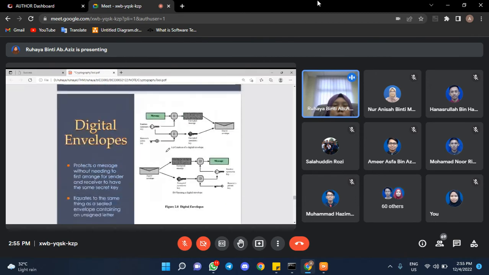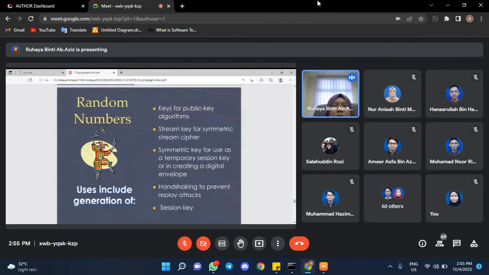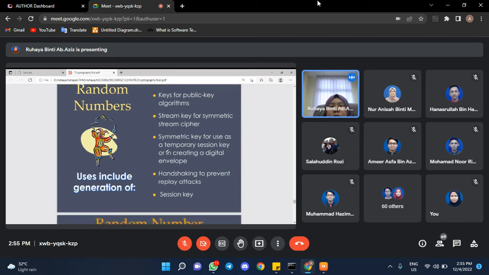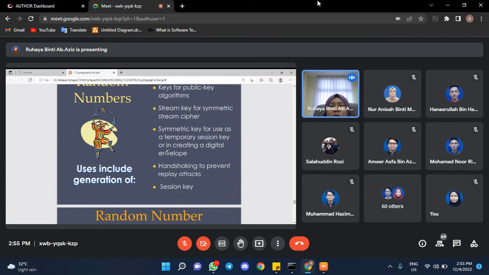And then when we talk about cryptography, it's related to random numbers. It's good that we use random number keys for public key algorithms, stream keys, symmetric stream cipher, symmetric key for use as a temporary session key, or in creating a digital envelope, or use in generation of handshaking to prevent replay attack or session key.